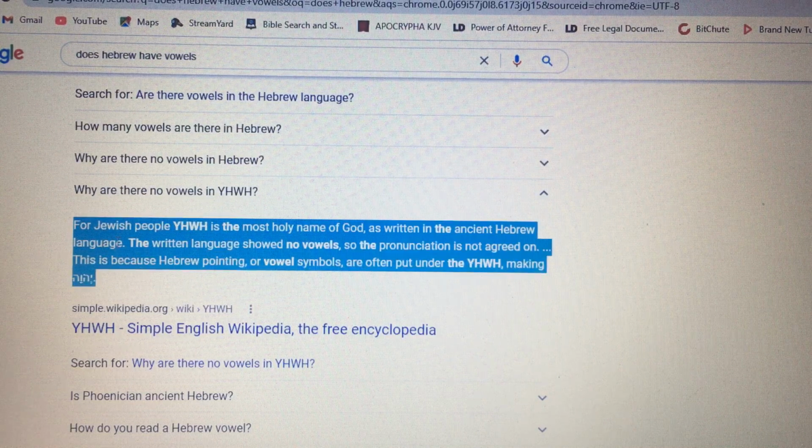All right, it says for Jewish people, Yahweh, the name right there, YHWH, Yahweh, is the most holy name of the Most High as written in the ancient Hebrew language. The writing language showed no vowels.